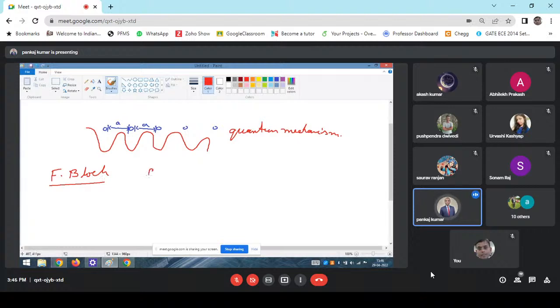So the probability of finding an electron is proportional to the wave function. Right. So F. Bloch stated that this is a plane wave equation.